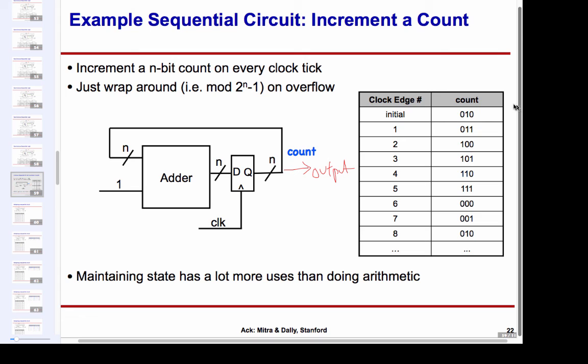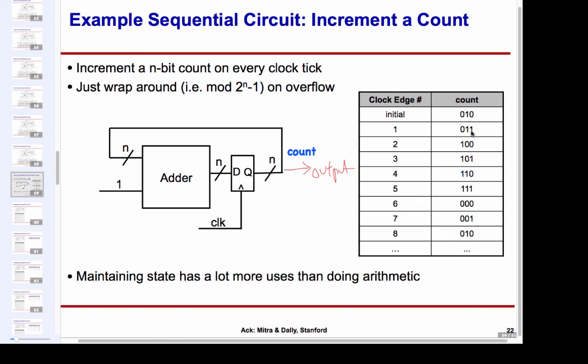So at every clock tick, I am moving from one count to the next count. Let's say I was observing the least significant bit of my count. What do you think that signal would look like?